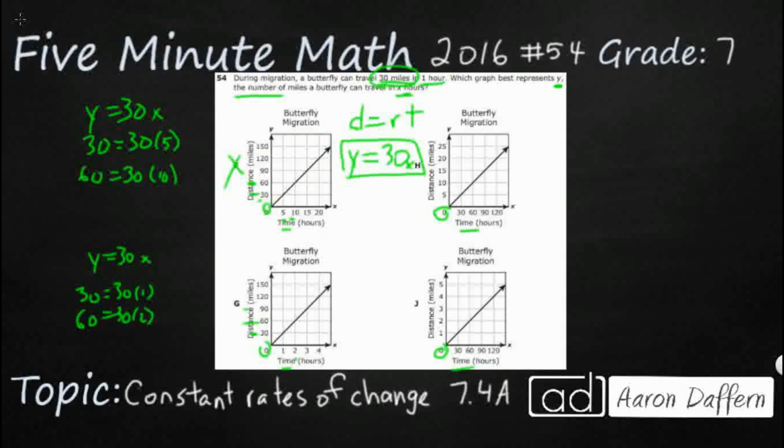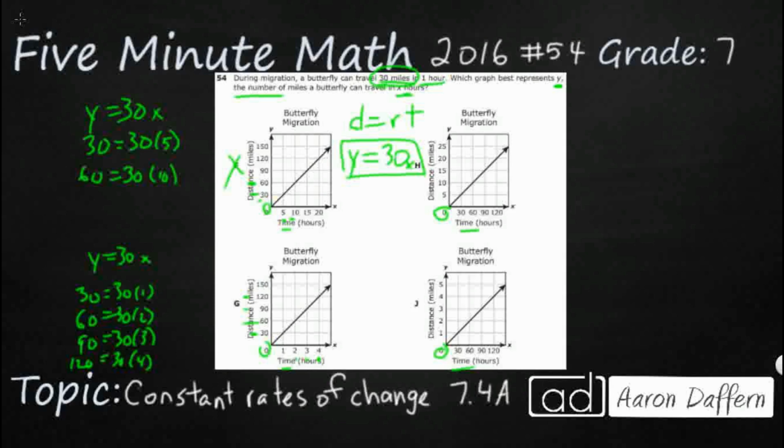Yeah, looking good. 90 equals 30 times 3. Yeah, looking good. And then it's interesting, we've got that 120 and that 4, and that 150 doesn't really have a matching number, but we know that's going to be a 5. But let's try that 120 and 4. 120 equals 30 times 4. Yeah, all right. So G is looking pretty good.